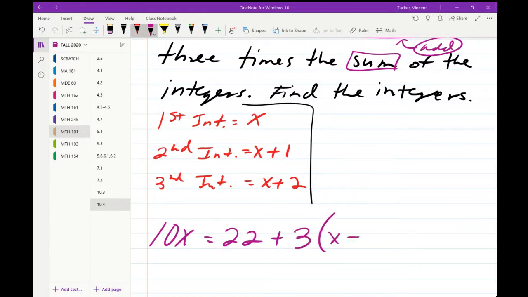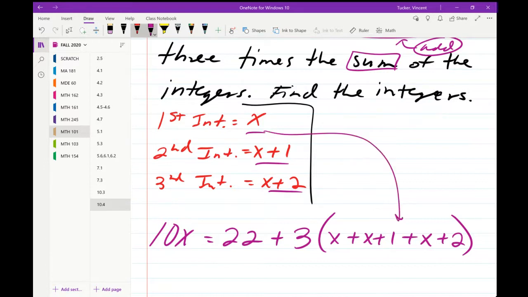So you're talking about x plus x plus 1 plus x plus 2. So I took all 3 of these and added them together. You said 3 times the sum, so that's 3 times adding them all together.